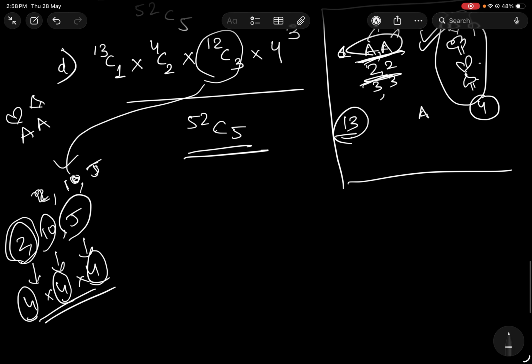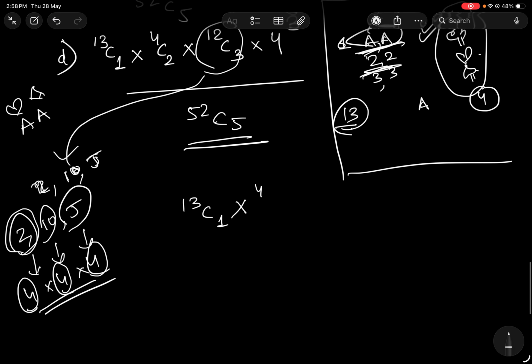Hence the numerator is: I choose one from the 13 different numbers I can get. Say I get an ace, a 2, a jack, whatever. I have 4 cards of those, so I choose 2 from that. That takes care of the exactly one pair that I want. And now from the leftover cards, I choose 3 different cards. Say I get a 2, a 10 and a jack.